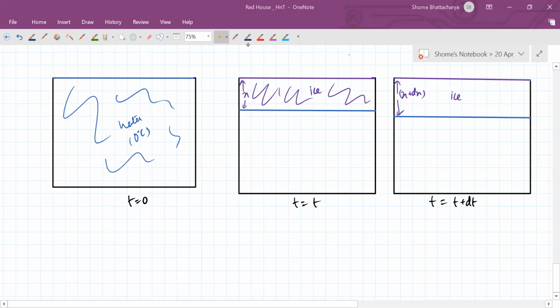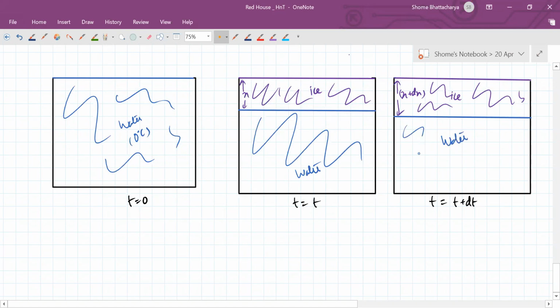Right, so let's continue. So now the ice layer has increased in thickness to x plus dx in this amount of time dt, whereas the water layer, its depth has decreased. So in this diagram, it is d minus x.